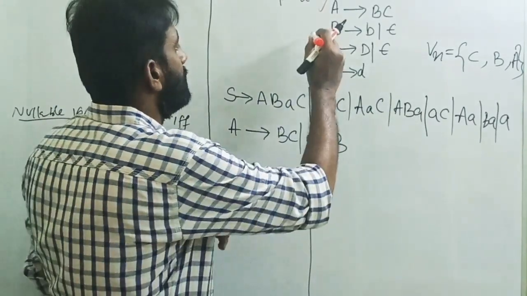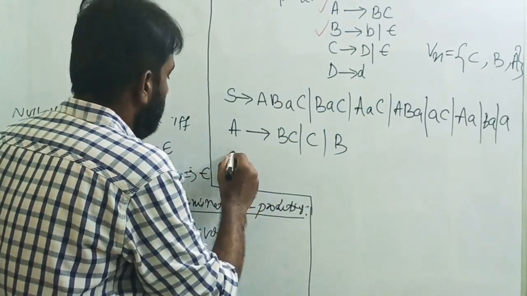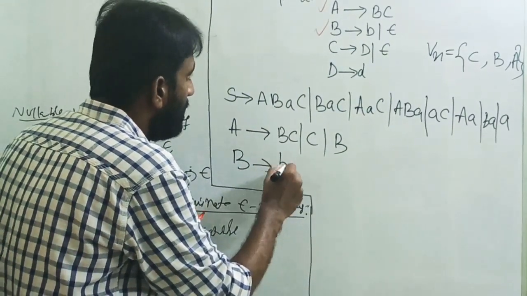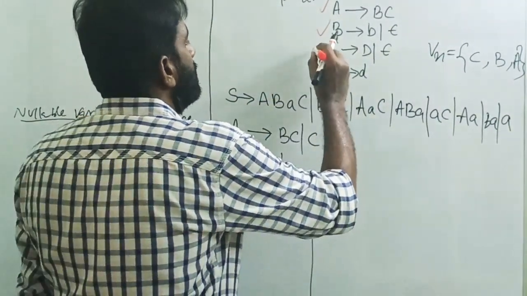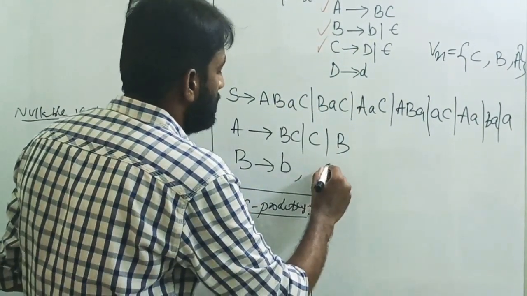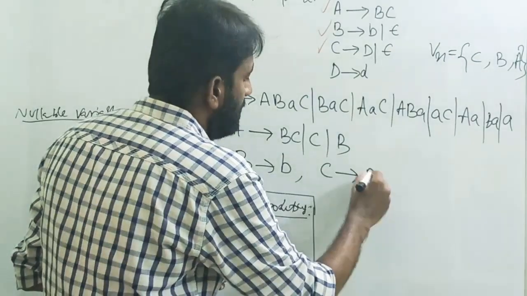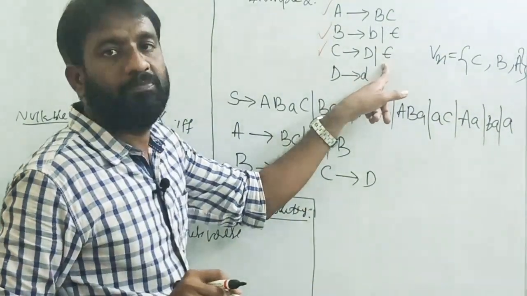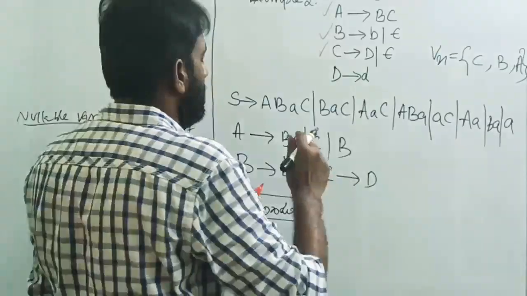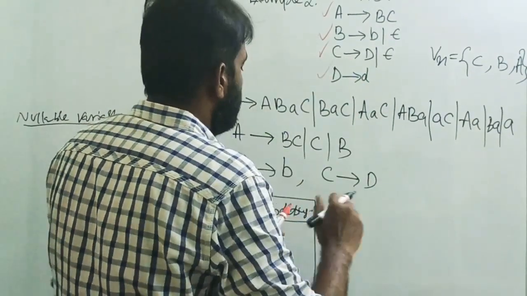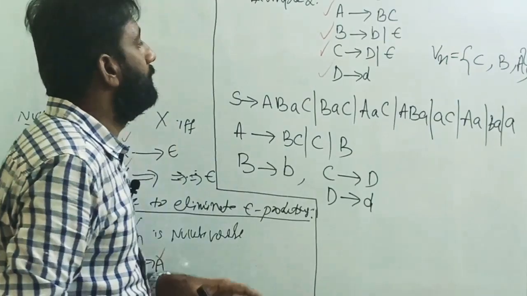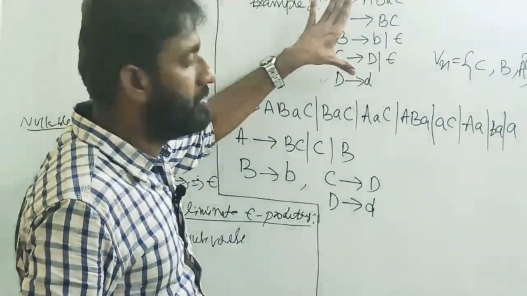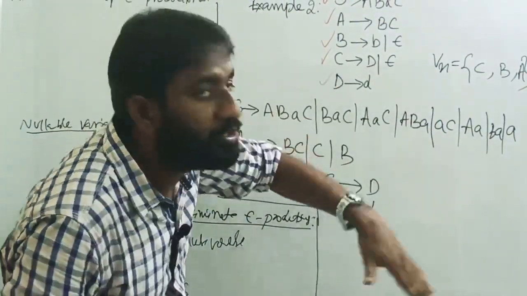Then take the next production. B tends to small b only. We are not adding epsilon again. Then take the next production. C tends to D only. I am not asking you to add epsilon. Remove epsilon. Then what is the last one? D tends to d only. Okay. So this is the grammar with epsilon production, and this is the grammar without epsilon productions.